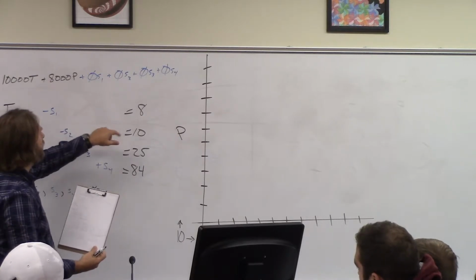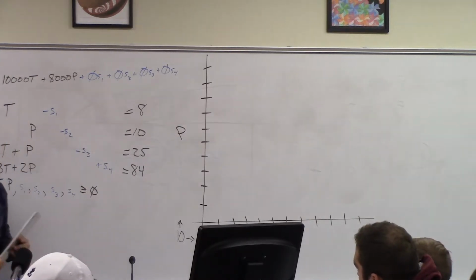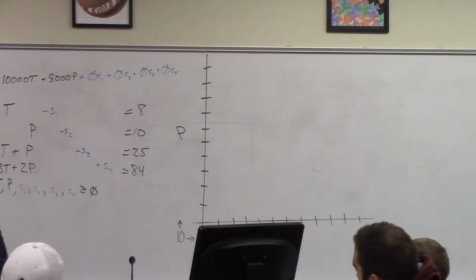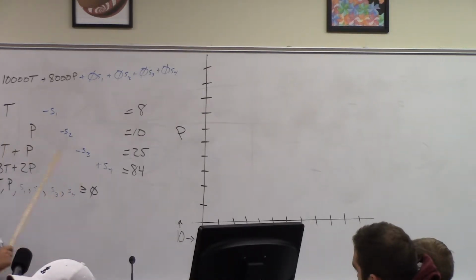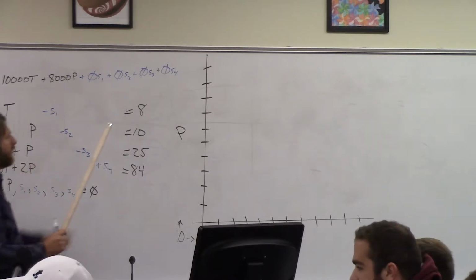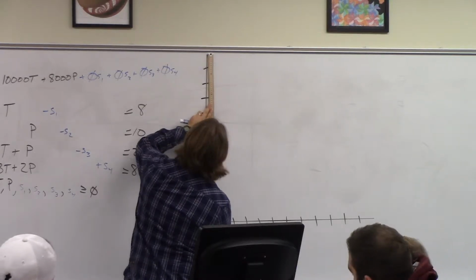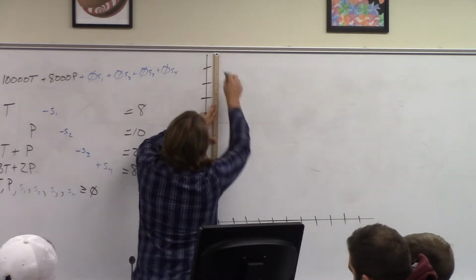T is greater than or equal to 8. Right? So how do we do that? What kind of line is that? Vertical line, at 8 here, right?